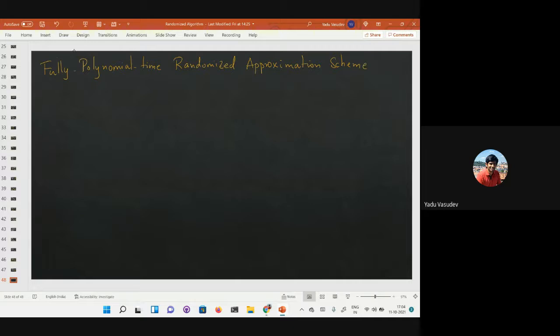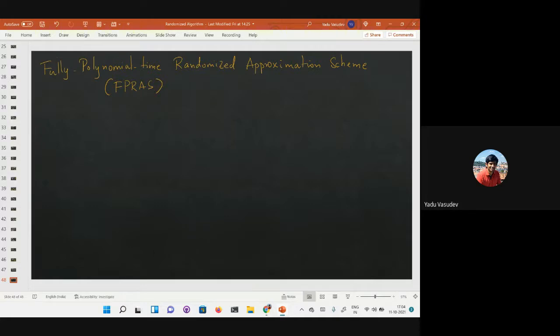So this is what is called an FP-RAS. It's a randomized algorithm that is going to give an approximate value of, say, the number of satisfying assignments and so on.